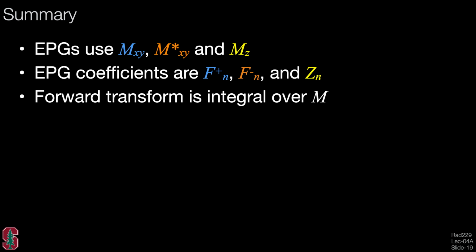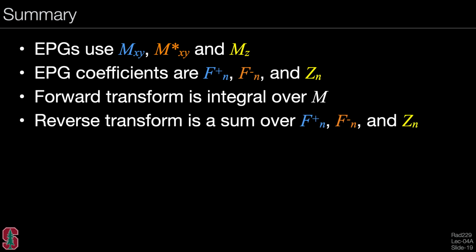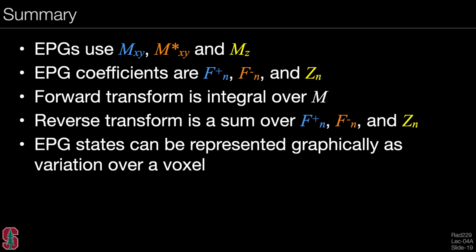The forward transform is an integral over one of those three magnetizations shown, to give the corresponding coefficient of the same color here. The reverse transform is a sum over the transverse coefficients and over the longitudinal coefficients. The EPG states can be represented graphically as different variations over a voxel. So there are different ways to do this that we've started to show and that we'll see in the next lectures.